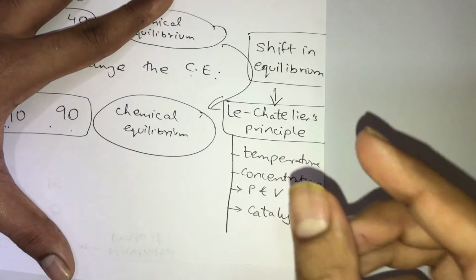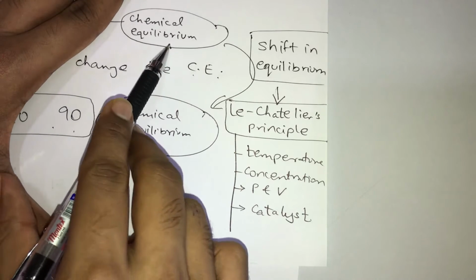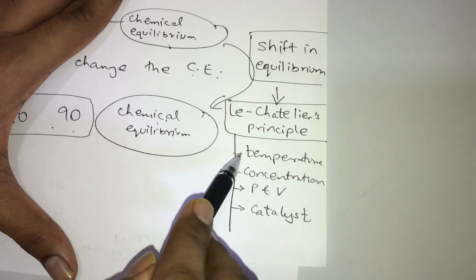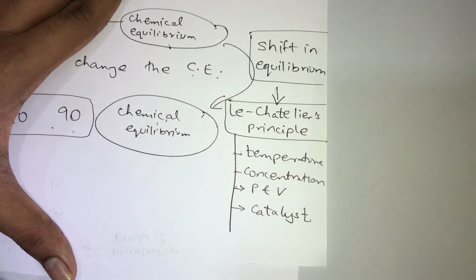So Le Chatelier's principle will help us to understand the change in chemical equilibrium with the help of change in temperature, concentration, pressure and volume, and catalyst.